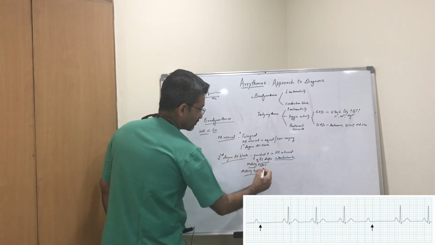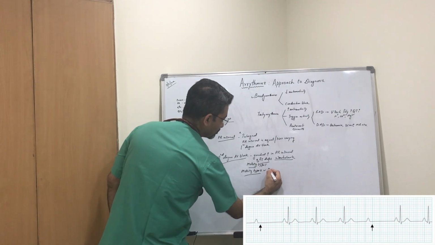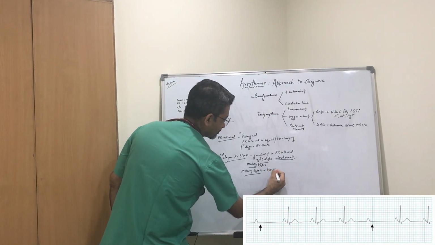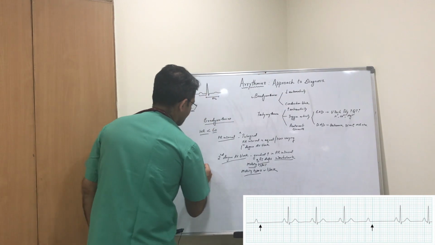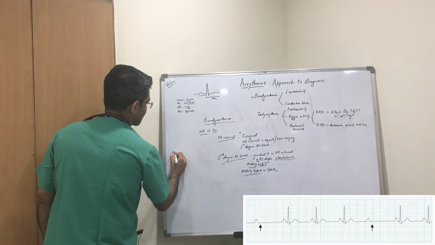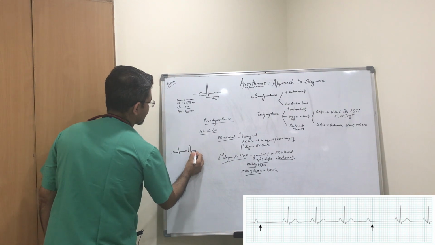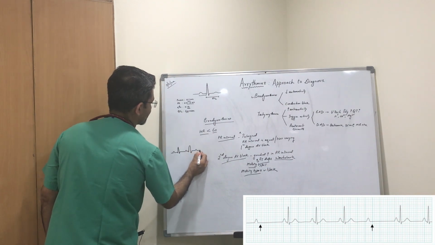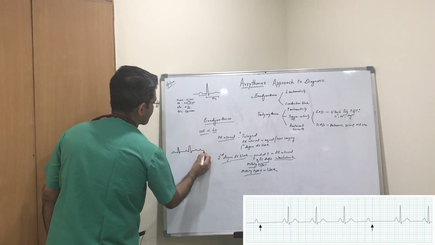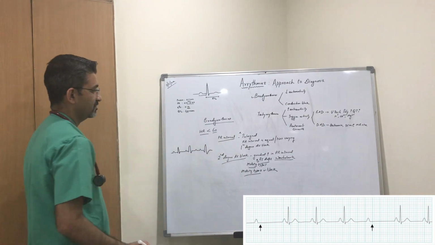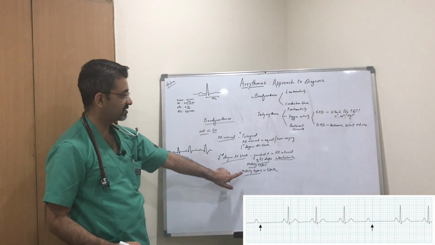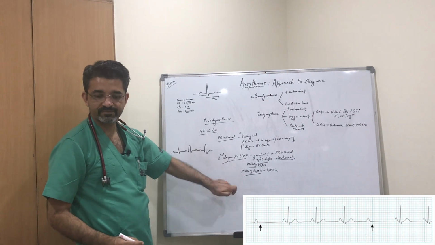So this is known as Mobitz type 2 block. It can be like this: you have a P wave, you have a QRS, you have a P wave, you have a QRS, then you have a P wave, no QRS, again a P wave, then a QRS. It will be like this, right? This will be Mobitz type 2 block.